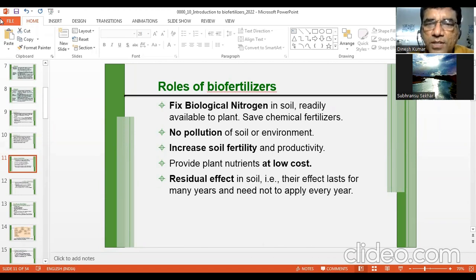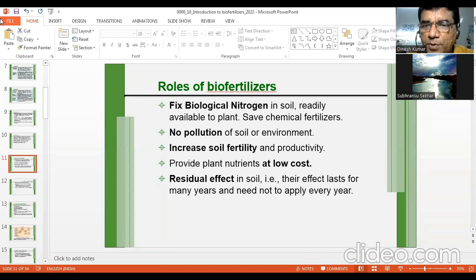For example, rhizobium: there is concurrent transfer of nitrogen to the plant. As you know, in the fixation of nitrogen, in the beginning they make very simple amino acids, and these are transferred to the legume plant, so that the legume plant can convert these amino acids into proteins very easily with less energy. No pollution: all these kinds of biofertilizers are pollution free. They will not give any direct pollution.